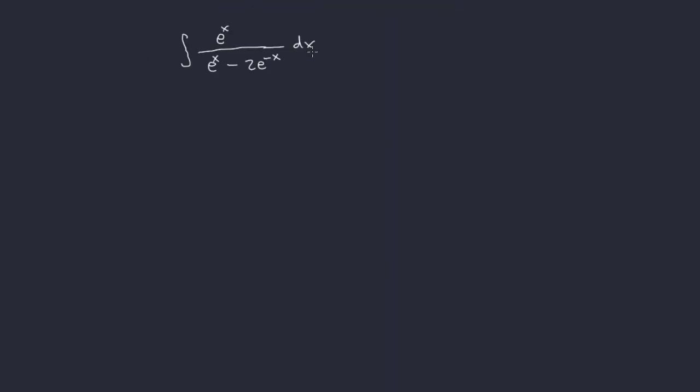All right, so here's another example where we might want to use a funky 1. And why we might want to do that is because if we tried to set up a U substitution in a typical way, where we let the denominator be U, we're going to run into some problems.